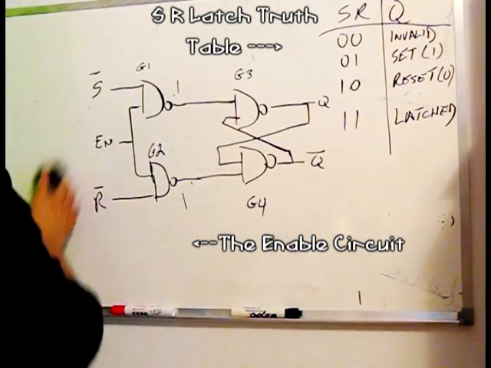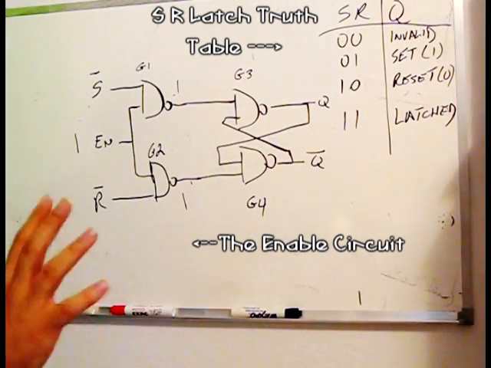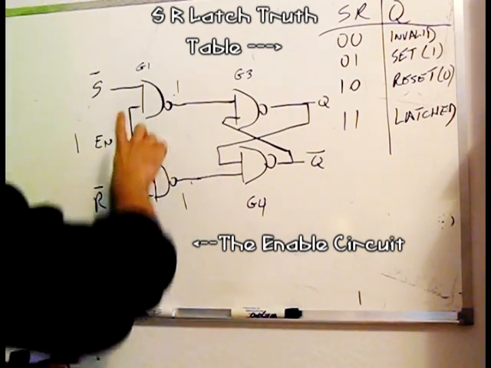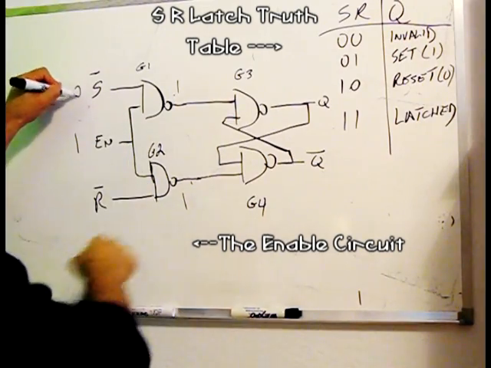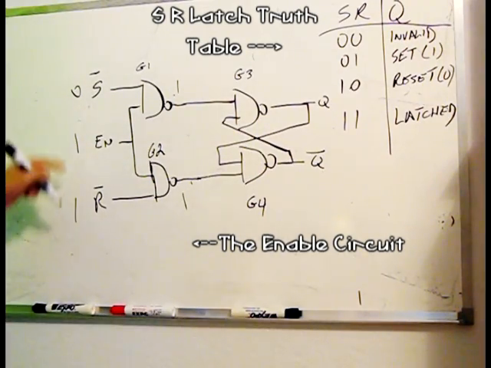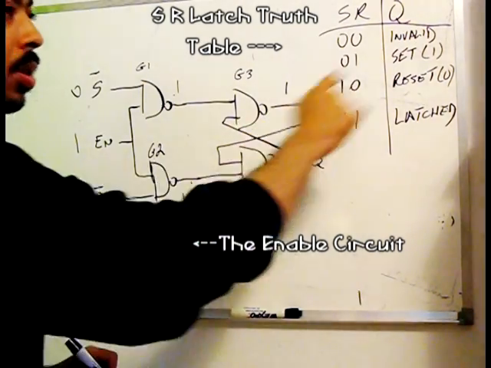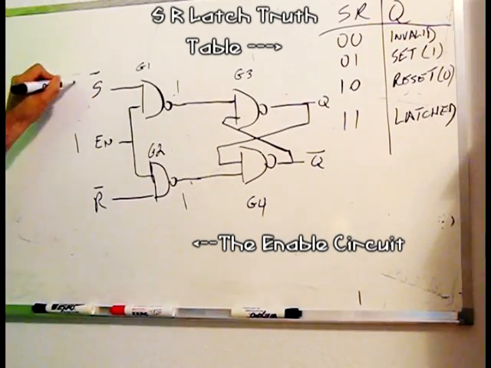If we take this and put a 1 on it, we now allow normal operation of the S&R latch. It's almost as if these gates weren't even here. You can set a 1 on Q with a 0, 1, or you can reset a 0 on Q with a 1, 0.